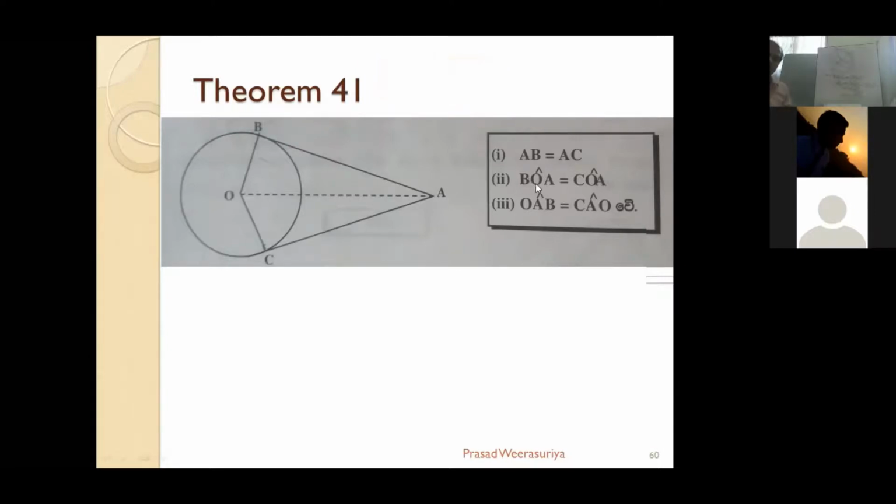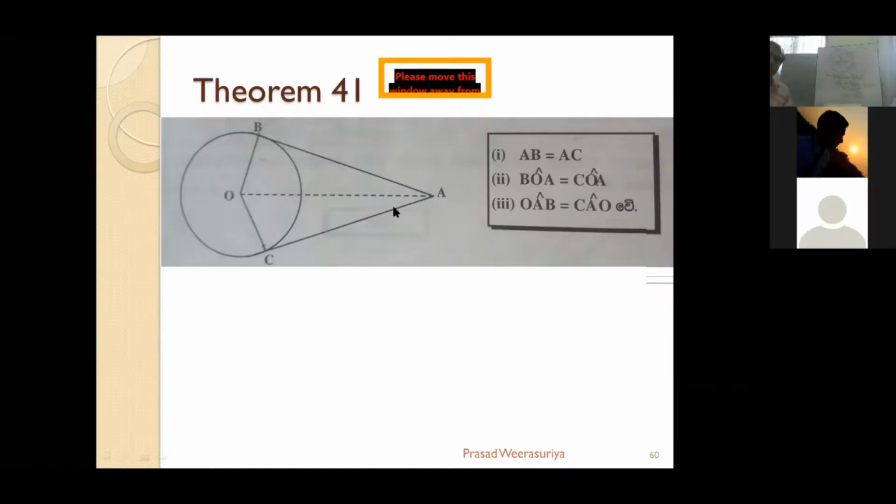The second part, BOA angle is equal to COA angle. These two angles are equal. This tangent subtends this angle, and this tangent subtends this angle. The angles subtended by these two tangents are equal. Then the third one, OAB angle is this angle, and CAO angle is this angle.